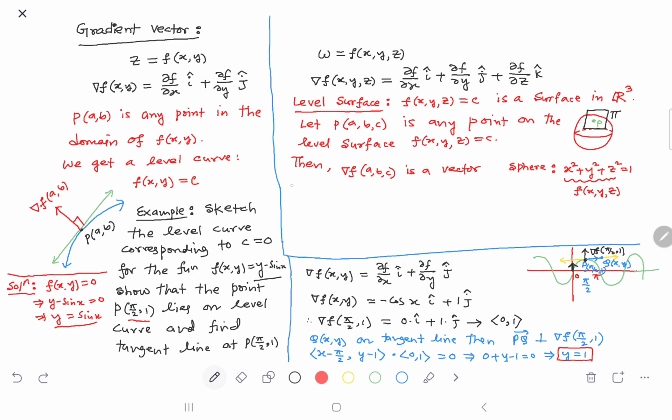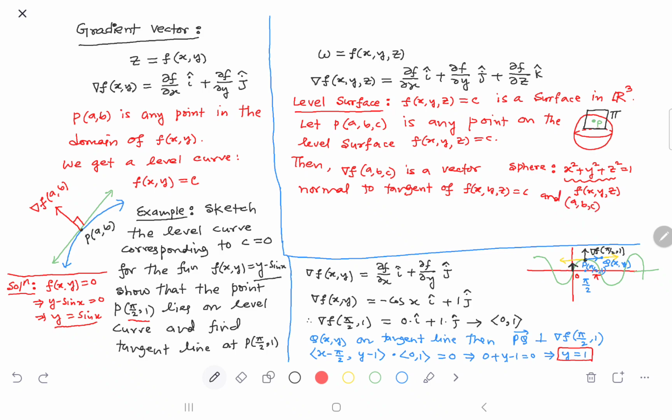This is a vector perpendicular, or you can say a vector normal to the tangent plane, or the normal vector of the tangent plane. So it is a vector normal to the tangent plane of the surface f of x, y, z equals constant at the point (a, b, c).